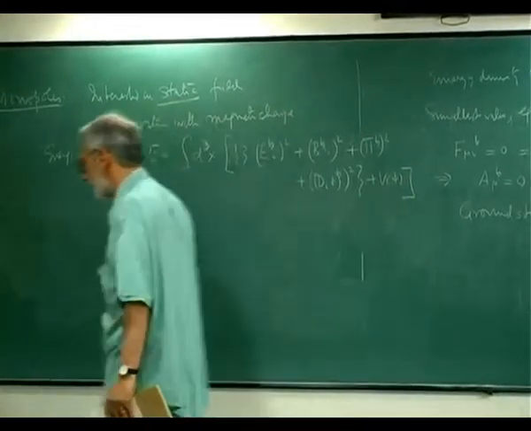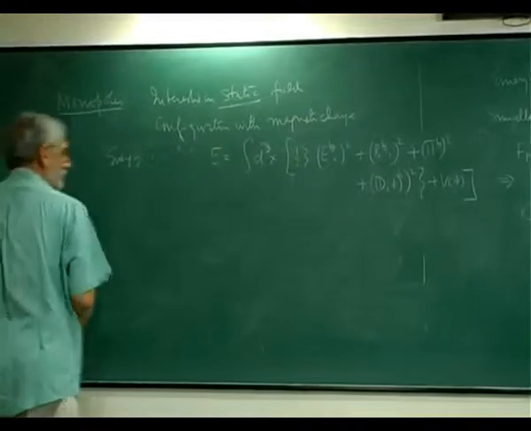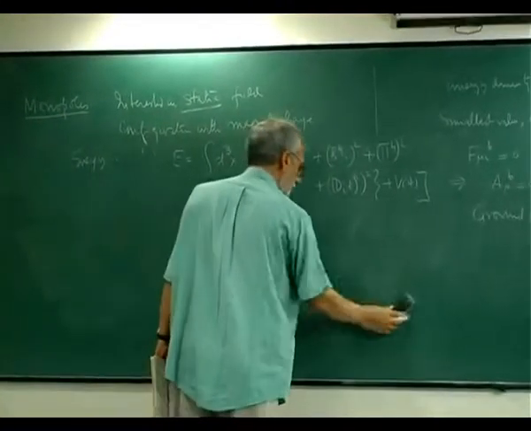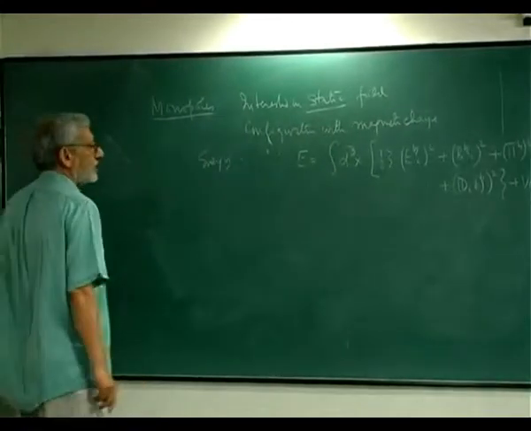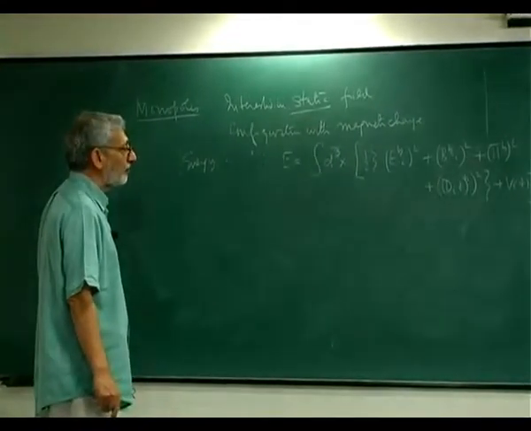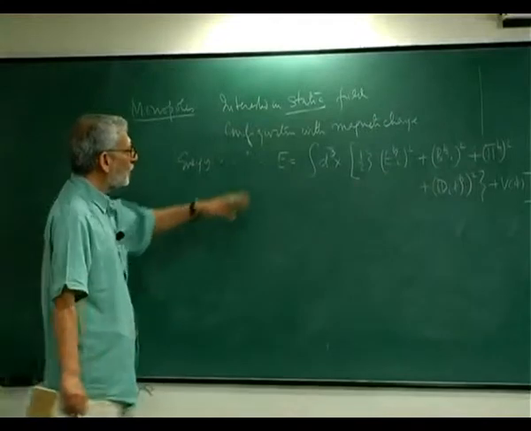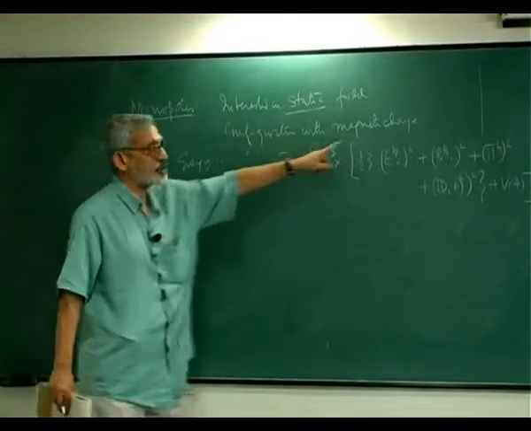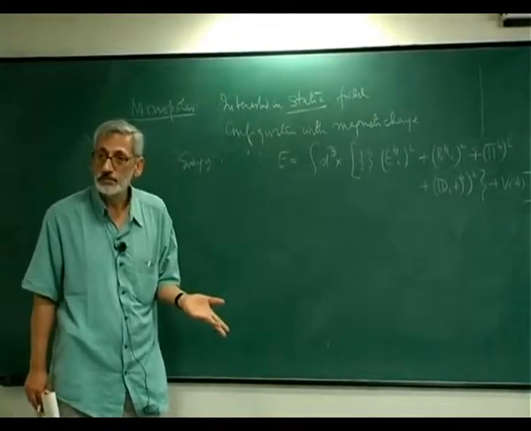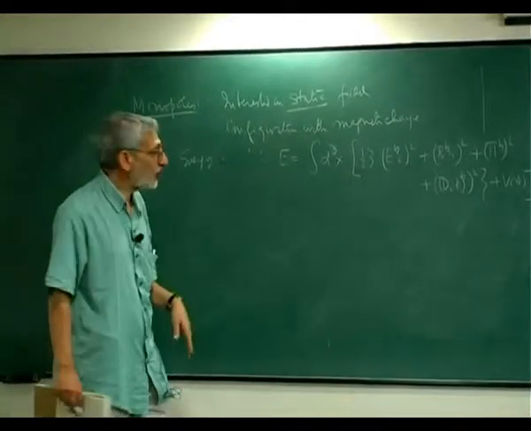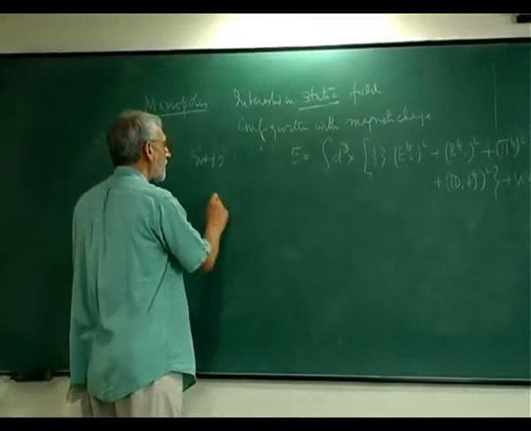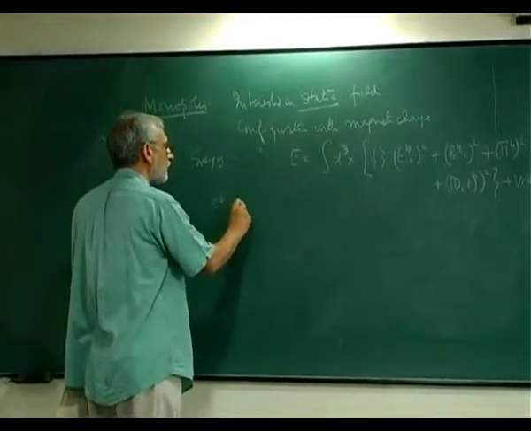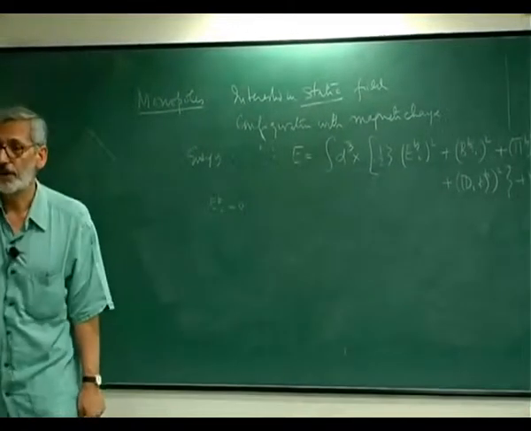This is what we had found earlier. We want configurations which will have only magnetic charge, no electric charge. So if we want objects which have no electric charge, we want objects for which E^B is 0.